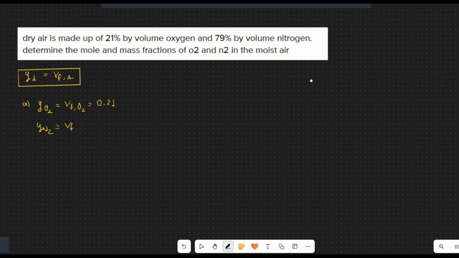So the molar fraction of nitrogen is 0.79.